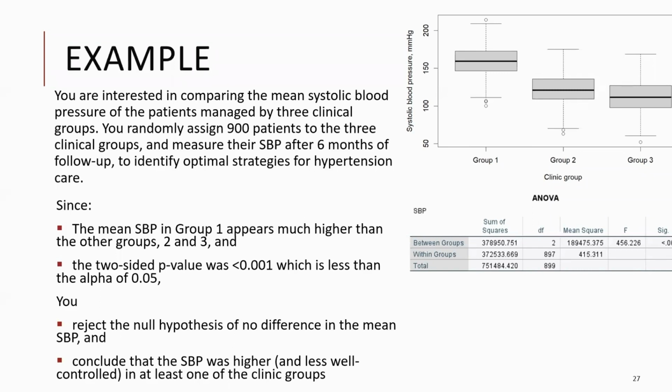This gives us a two-sided p-value that is highly significant. So in this case, we go ahead and reject the null hypothesis that there's no difference and conclude that they are different.